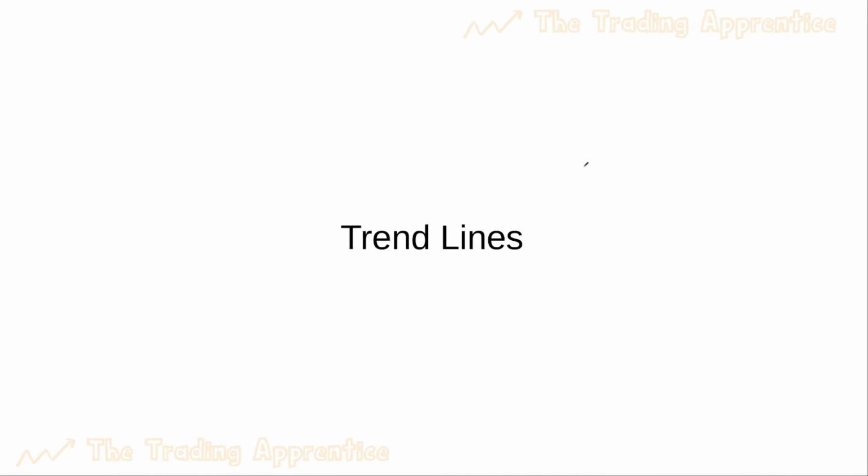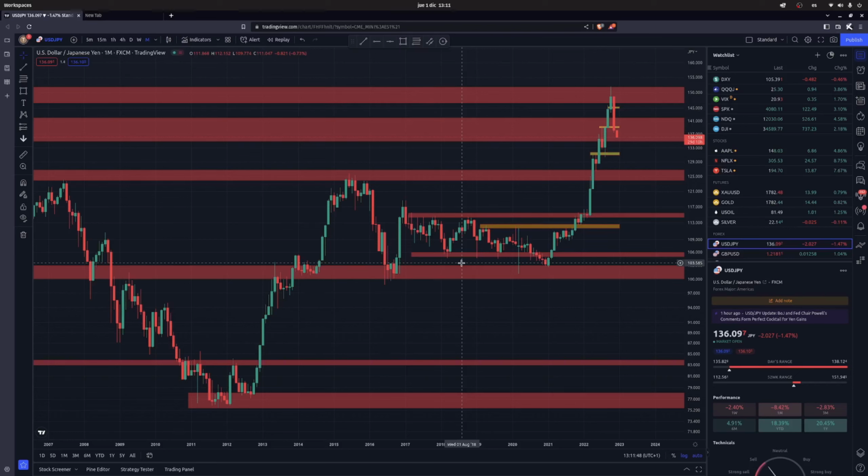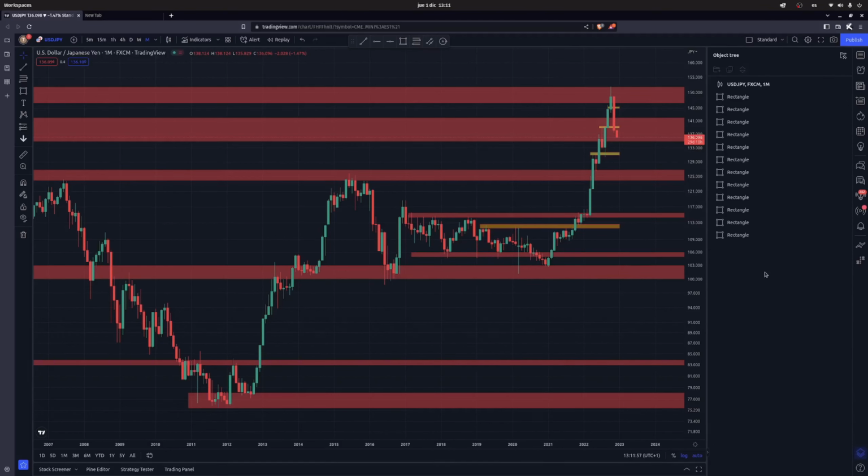So let's go back to our chart where we already drew in support and resistance areas. And let's try to get rid of those just for the moment.